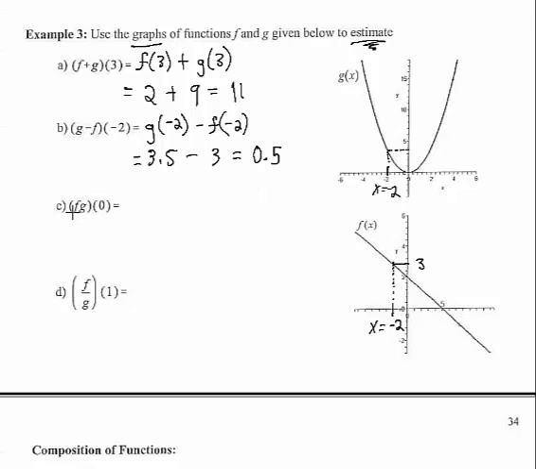Okay, C, we are multiplying the two functions. So I will compute f of 0, and whatever that turns out to be, I will multiply it by g of 0. These should be pretty easy to find. I just simply go to the y-axis. I am multiplying the y-intercepts of these two functions.